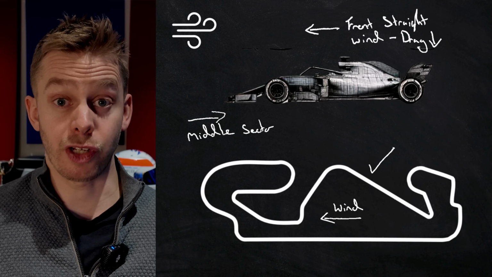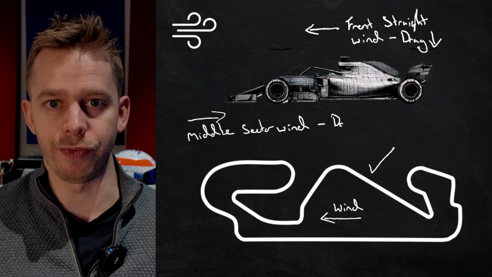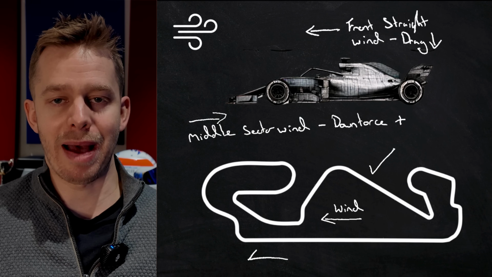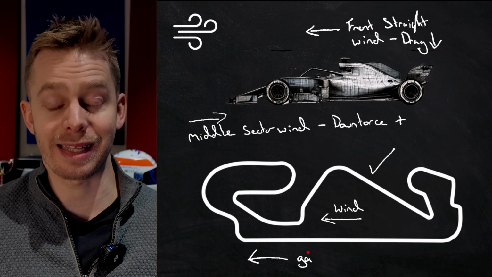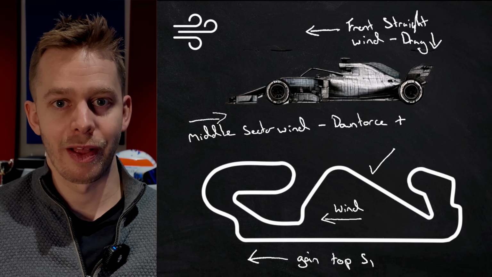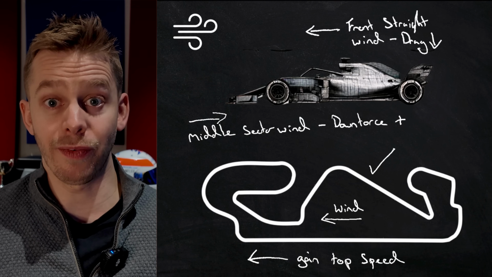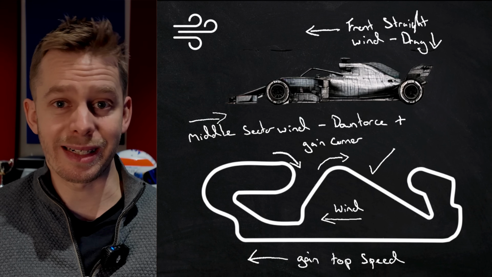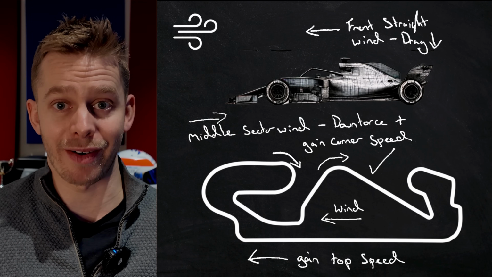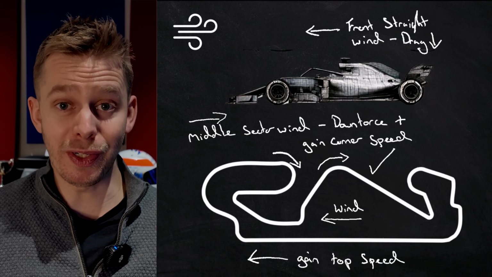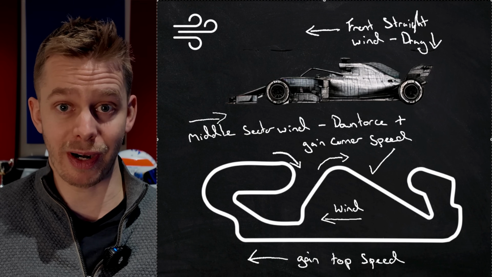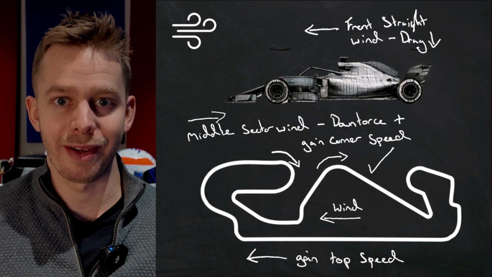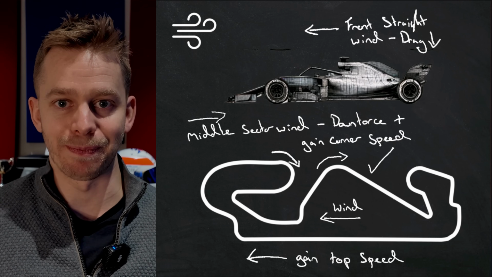That's because the terminal speed down the front straight is going to be improved by the tailwind, and then the cars are going to receive a greater amount of downforce functionality as they head into the headwind, because the wind moving over the top of the car makes all of those downforce elements perform better. Effectively, what you're doing is almost a natural drag reduction system. So you're reducing drag where the cars want to in a straight line, and then you're adding drag and downforce where the cars need it to turn in the middle and the final sector.